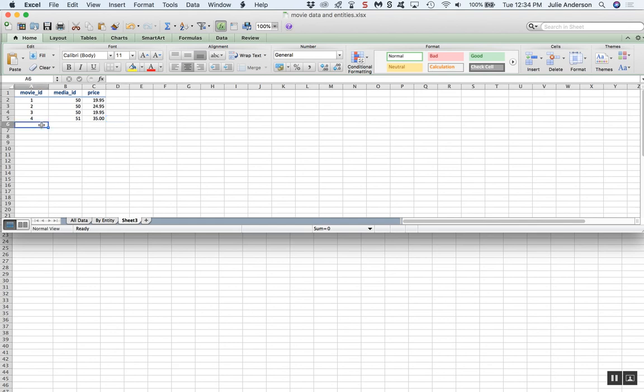So I could also have Empire Strikes Back on DVD for this price. Do you see how these two columns together, the composite key, are never going to be the same? You can repeat different DVDs and Blu-rays over here. These might repeat, but the two together are unique for every single row.